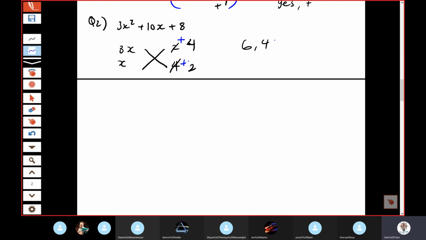Because what's positive 4 times positive 2? Positive 8, and then that becomes 4. That's a 6. 4 plus 6 is 10. And then how do we write these? Exactly as we were writing them before. 3x plus 4, x plus 2.